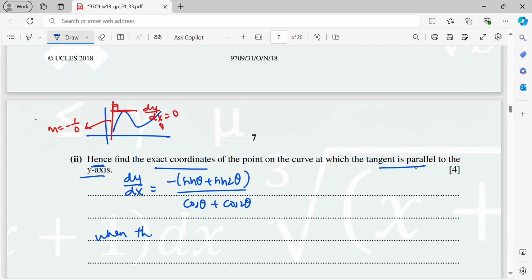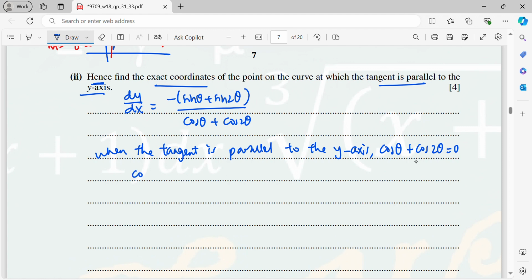Then when the tangent is parallel to the y-axis, that means the denominator of dy dx is 0. Cos theta plus cos 2 theta equals 0. Then from here, I will just solve this, because now you need to find the exact coordinates of the point. Means that you need to find the x and y coordinates. So now let this be 0.